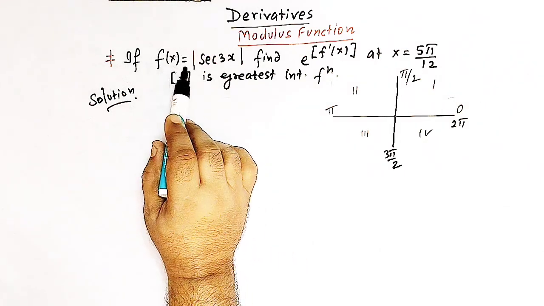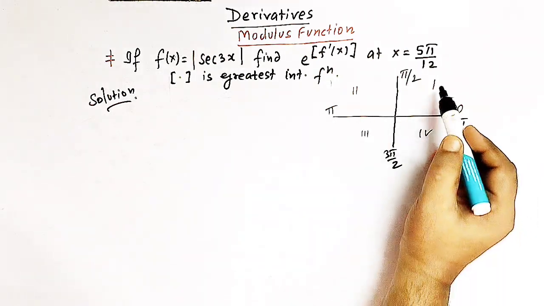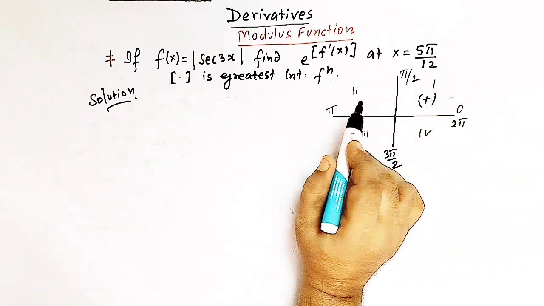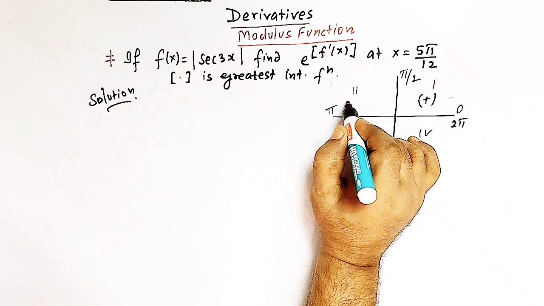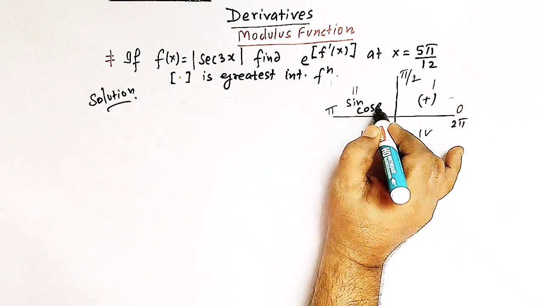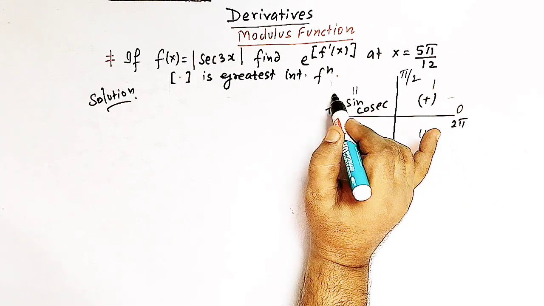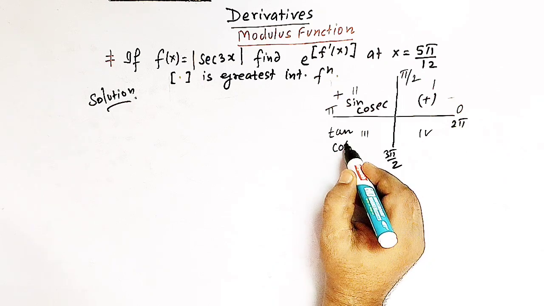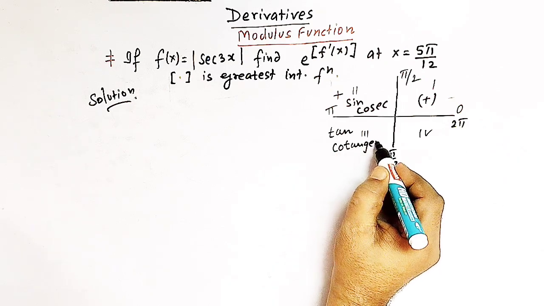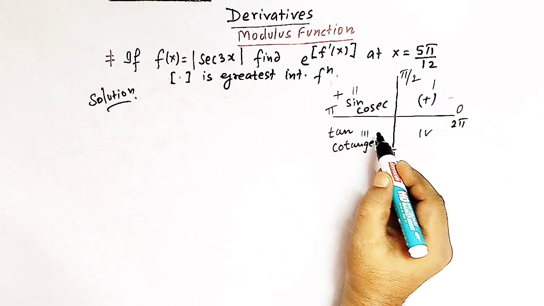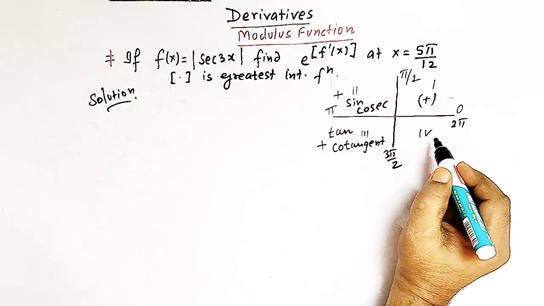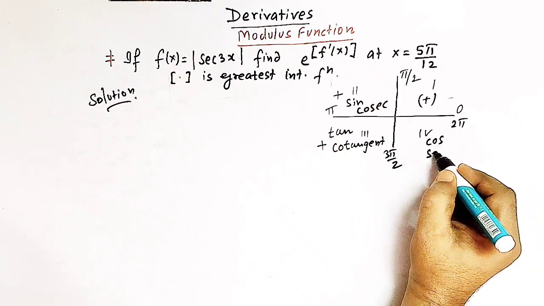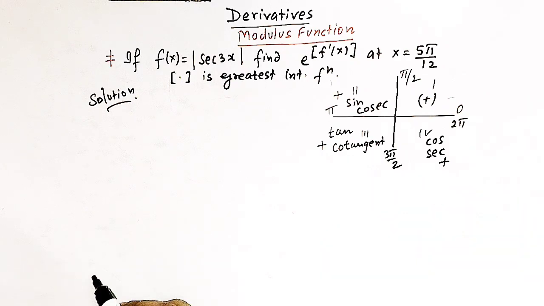In the first quadrant all the trigonometric functions are positive, and in the second quadrant only the sine and cosec functions are positive, and in the third quadrant only the tangent function and cotangent function, that is cot and tan, are positive, and in the fourth quadrant only the cosine function and the secant function are positive, right?